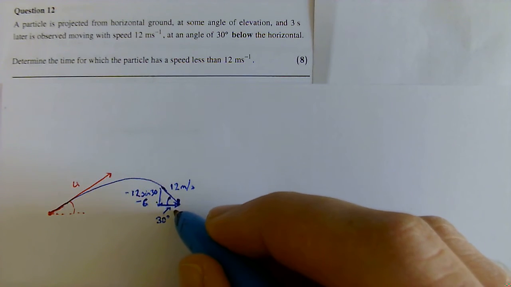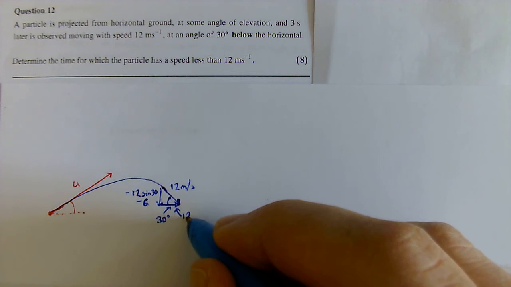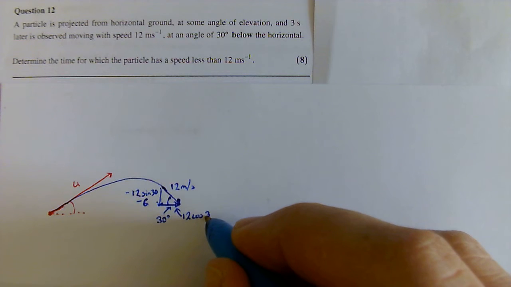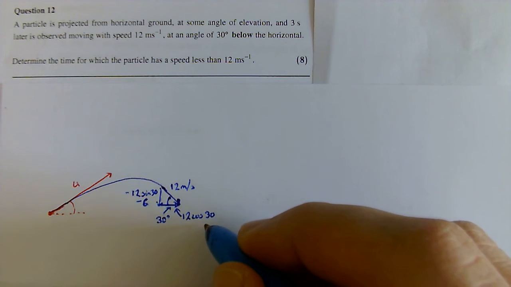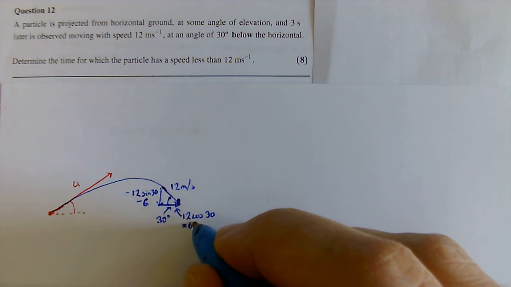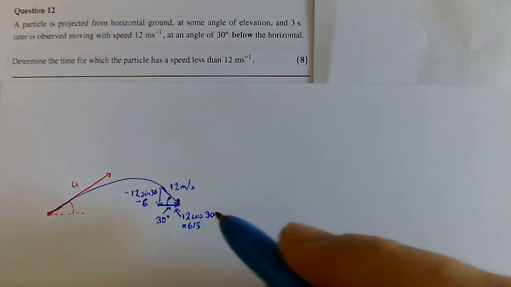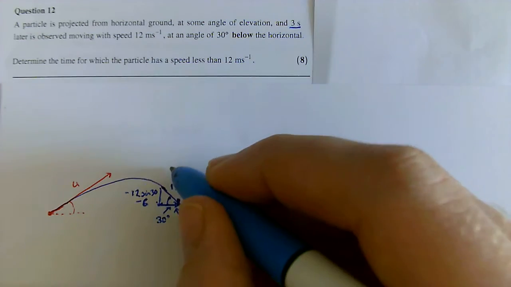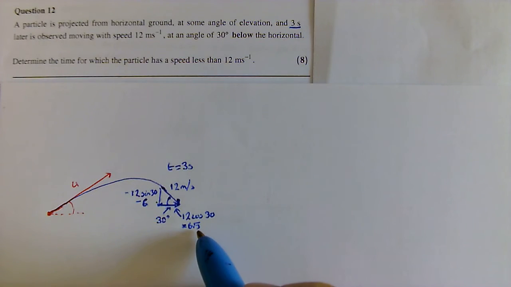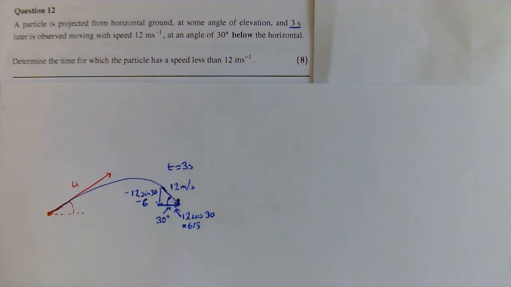And my horizontal vector here is going to be 12 cos 30, which is 12 root 3 over 2, which is 6 root 3. So at this moment in time, when t equals 3 seconds, it's going to be travelling to the right at 6 root 3 meters per second and downwards at 6 meters per second.